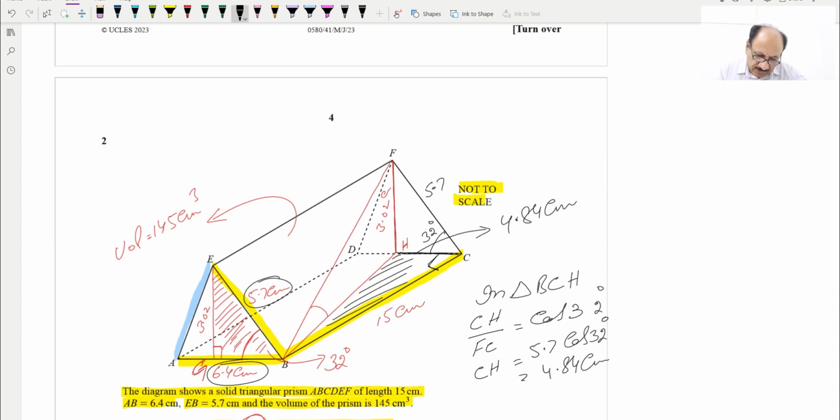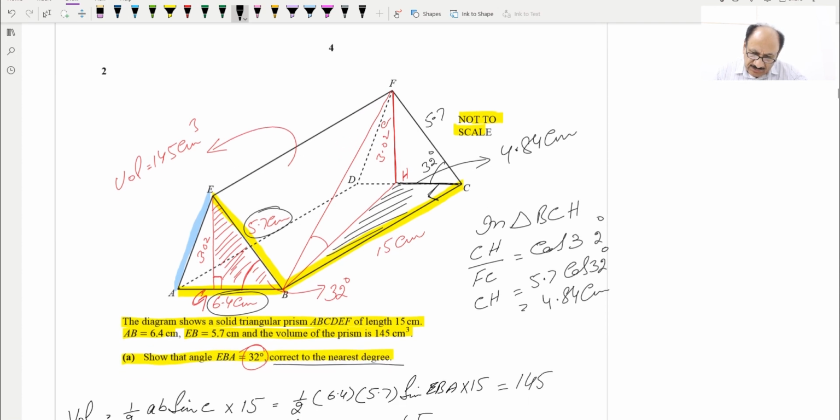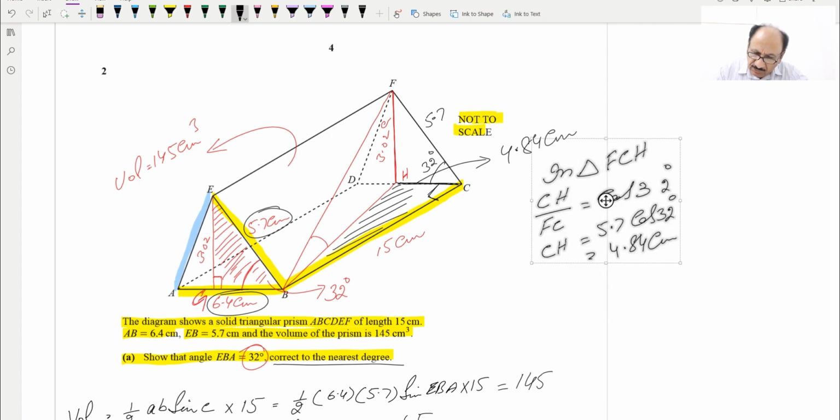Now in triangle BCH. So basically this triangle is FCH, and now we will be considering triangle BCH. So we can move this a little over here. We will shift this to the proper location. So in triangle BCH, we will apply Pythagoras theorem.